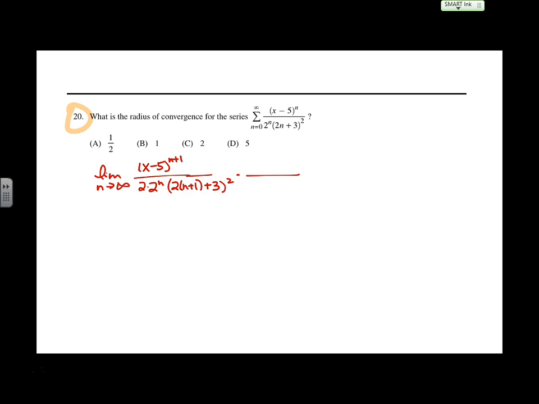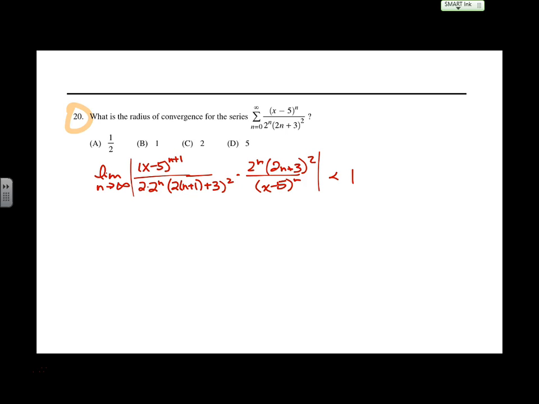What are you using to get this? The formula, for the interval of convergence, right? And then we're setting that at less than 1, yeah?